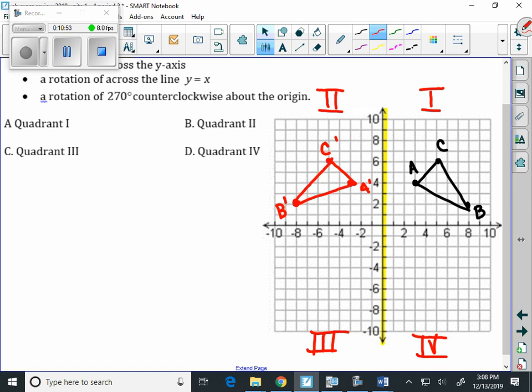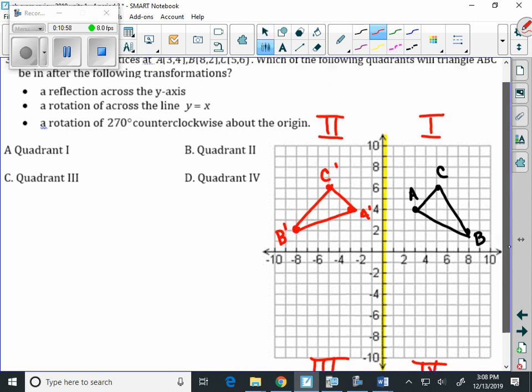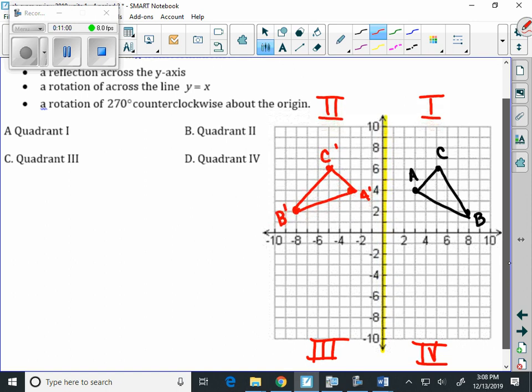Gives us our picture. So there's the first part. So we've reflected the graph across the y-axis.